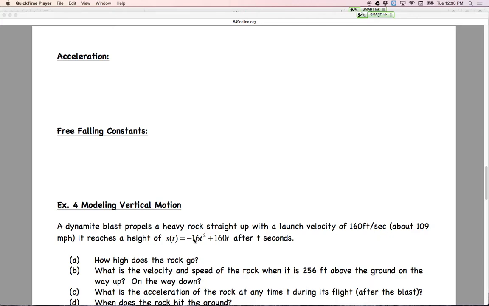Acceleration, really quick. You did average acceleration. Acceleration is the rate of change of what? Velocity. If you know physics, you know it's the rate of change of velocity. Now you can go through the same proof for this. Acceleration is v of t plus delta t minus v of t over delta t.